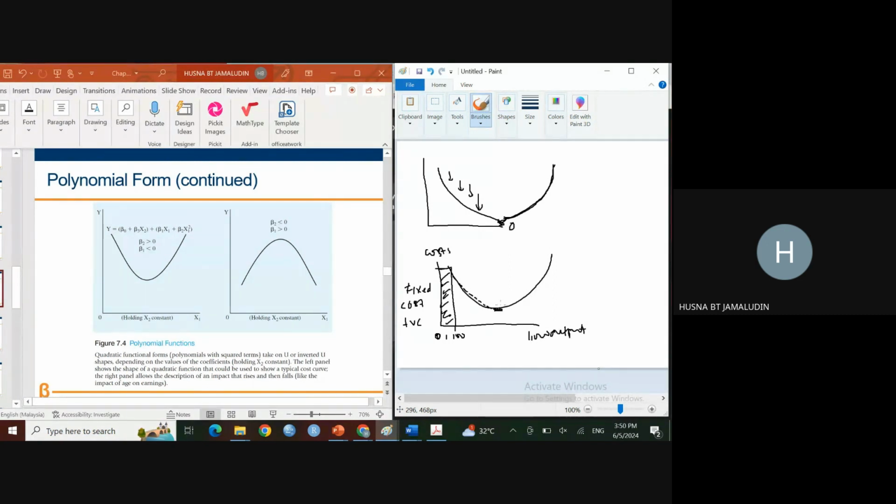You start to incur higher costs, because if you want to repair an old machine, the cost is even higher. So that's why people say that when you are dealing with machines, it's better to purchase a new one, because if you repair the old machine, the cost is even higher than if you purchase the new one. So at this point, the more you repair your machine, the higher the cost will be. Is it clear to everyone?